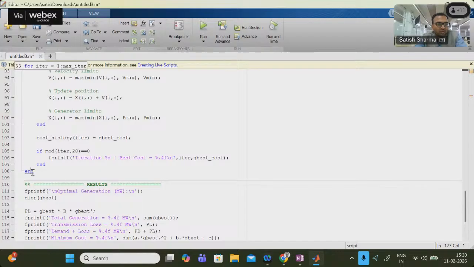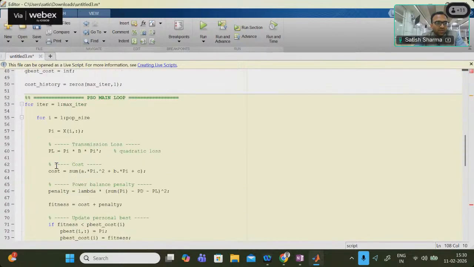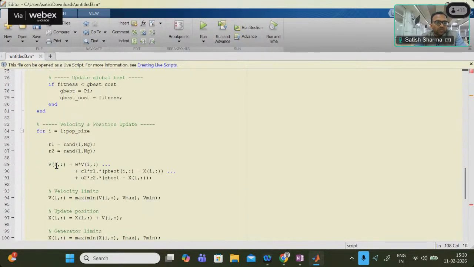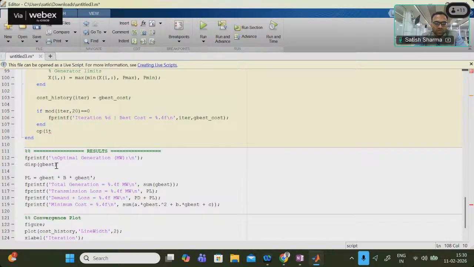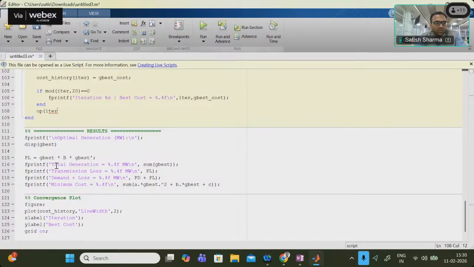Okay, so this is my for loop, and let's say I output whatever the iteration is.